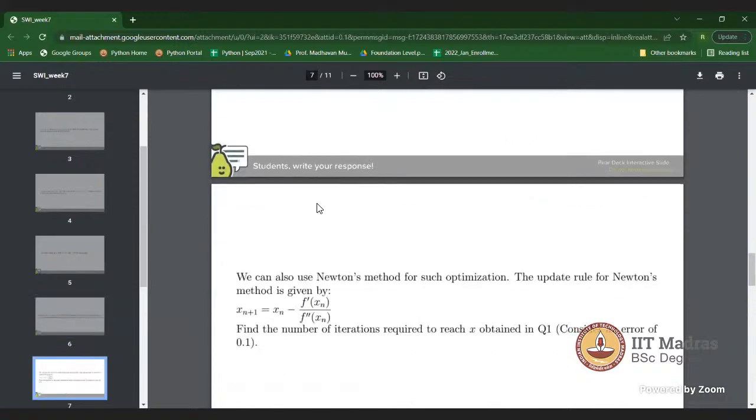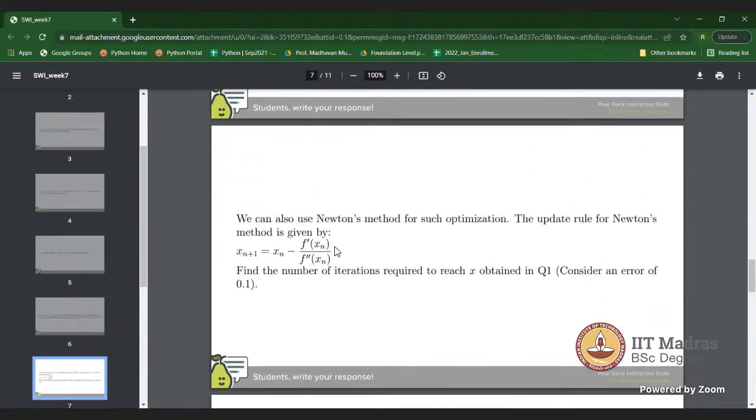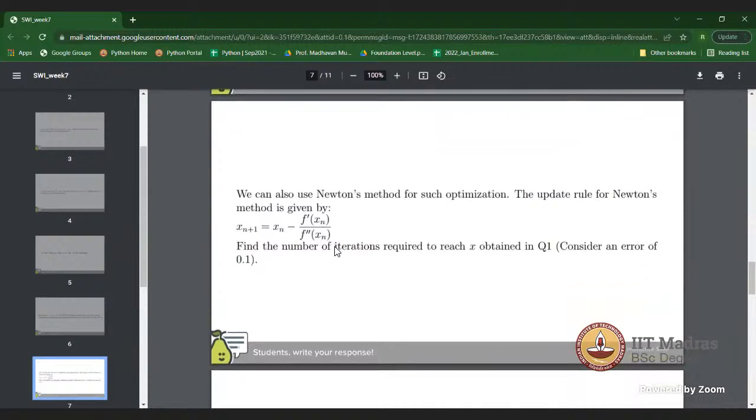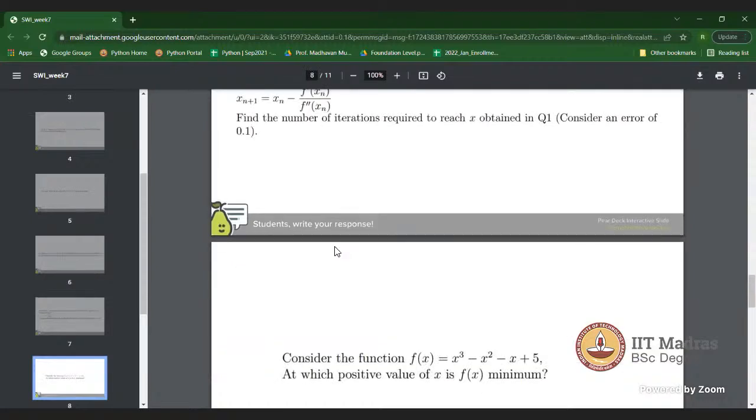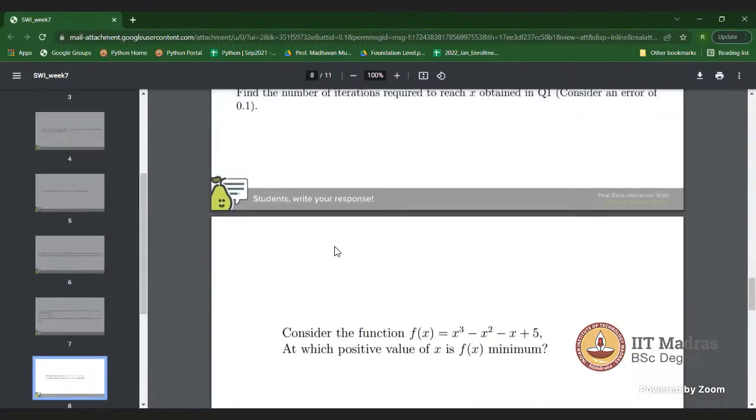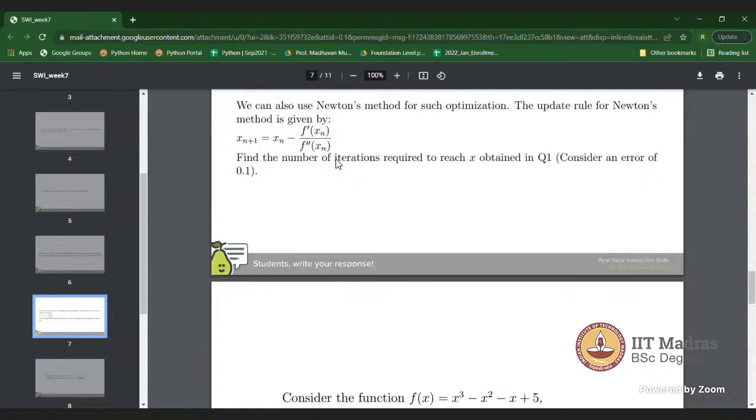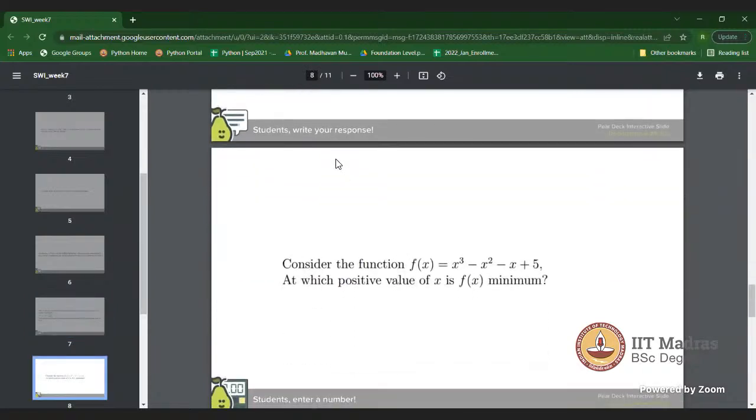Otherwise, if it is not related to the previous problem, then the x0 will be mentioned. Yes, clear.